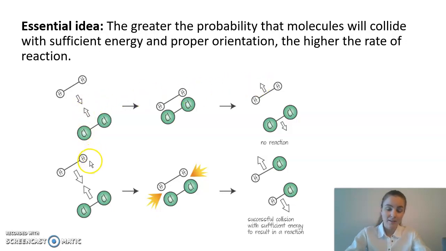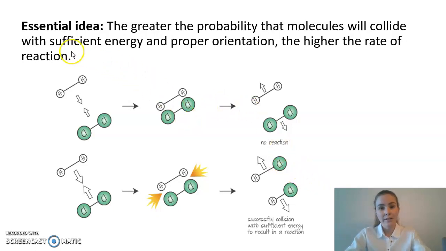In another case, the same two molecules can collide with more energy, so they move faster towards each other. If we have sufficient energy, a reaction will happen, and hydrogen and chlorine are bonded together. So we need enough energy for the reaction to happen.